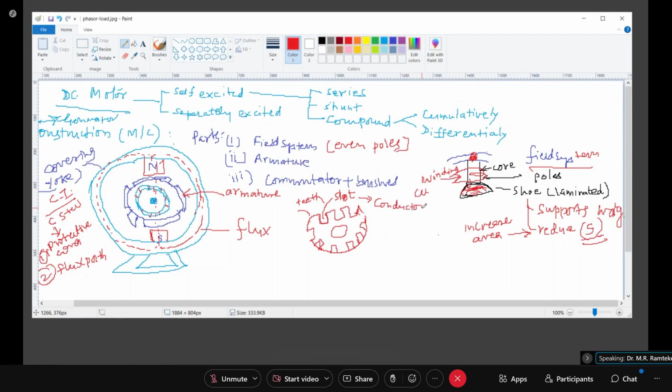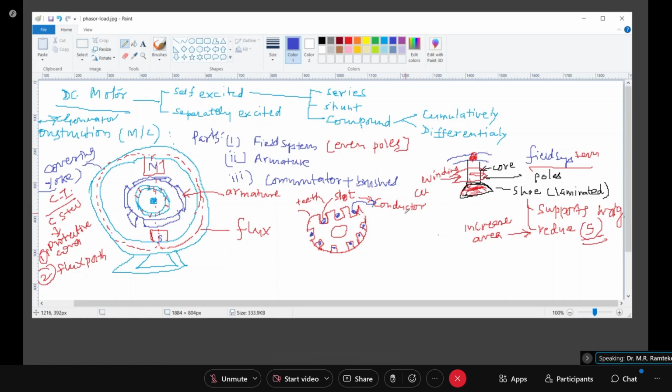I'll be putting these conductors in each slot like this, like this, like this. So these are my conductors which are put. Clear? So in the slot, the conductor is put.